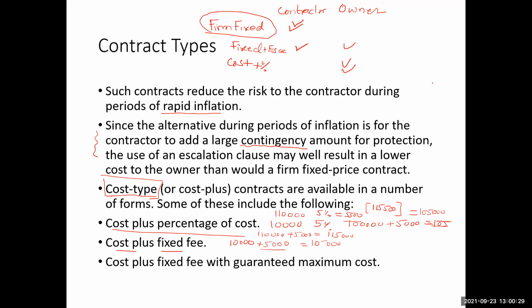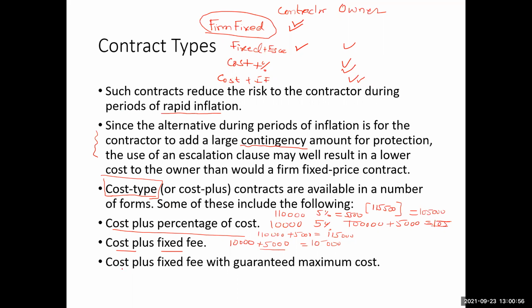So we can say that with cost plus fixed fee, the risk is still with the owner, but maybe like this. If these are the two full arrows, this may be one full arrow, then one small arrow. And then maybe no risk to the contractor in this case.